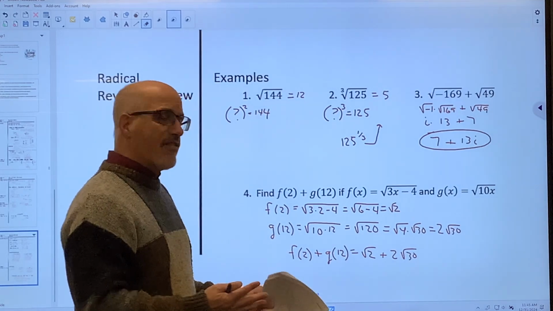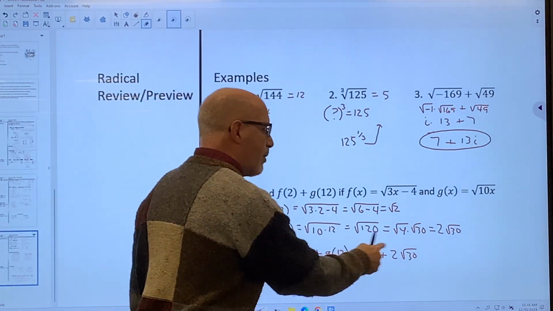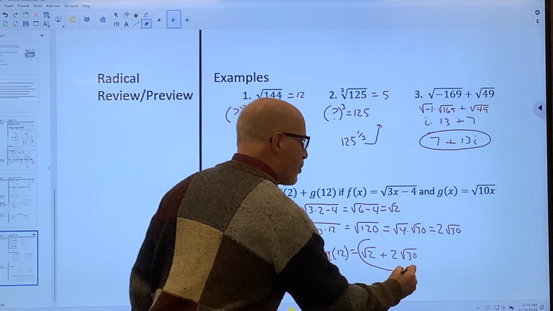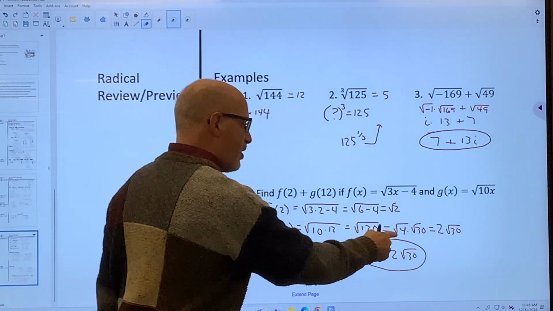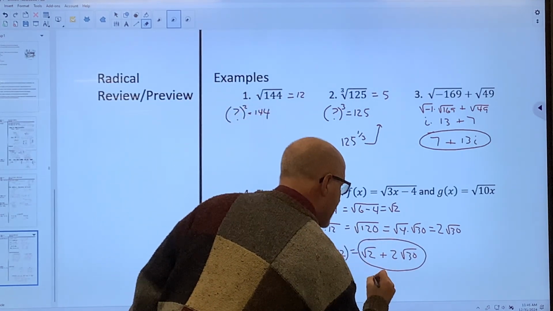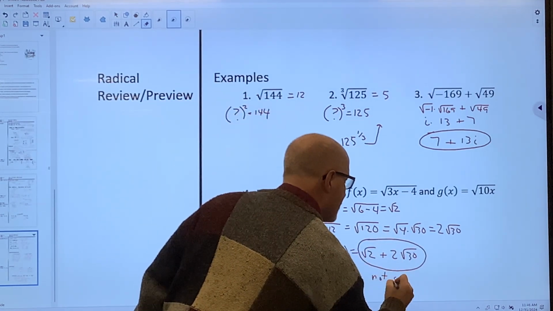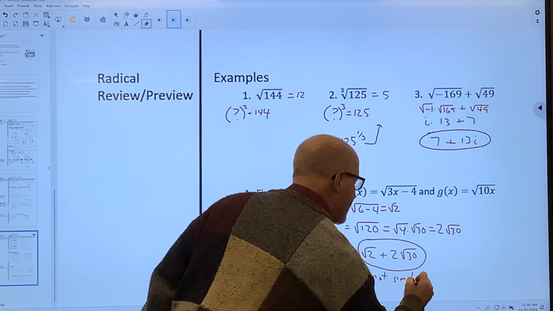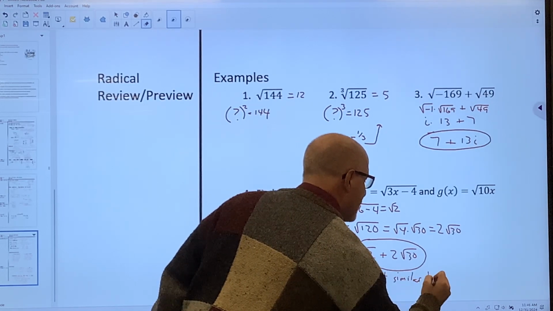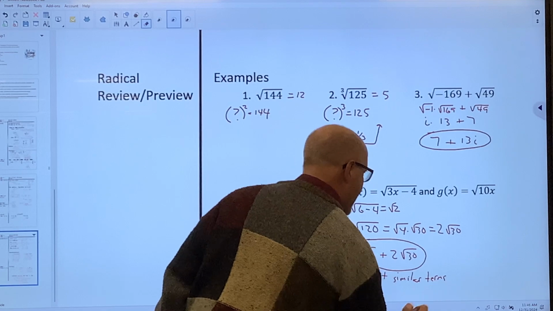So that is the final answer. You can't add radicals together unless the radicands are like. So these are not similar terms. So when they're not similar terms, you can't add them together.